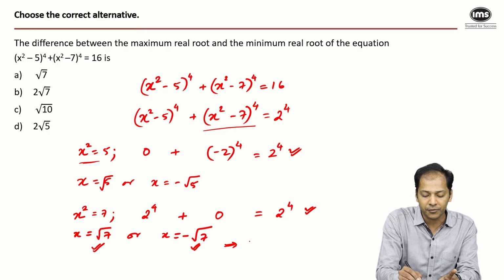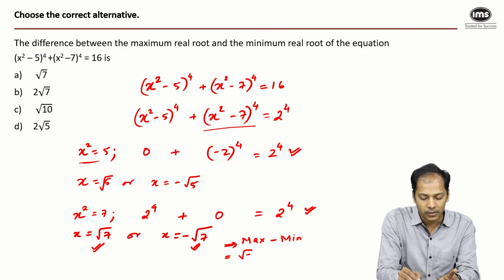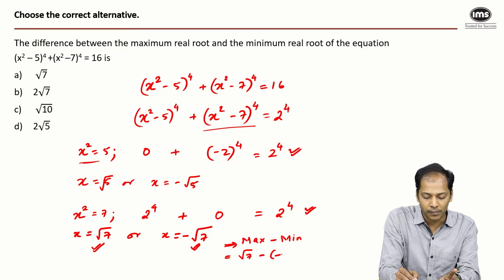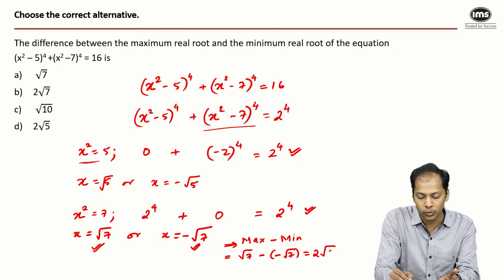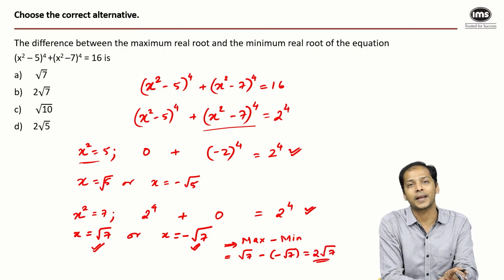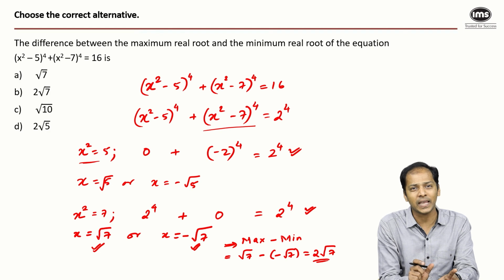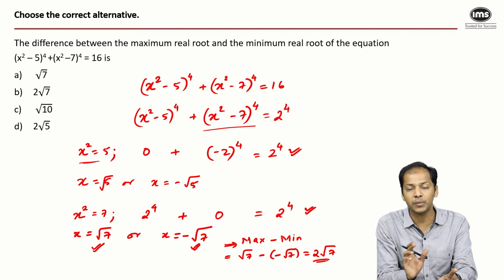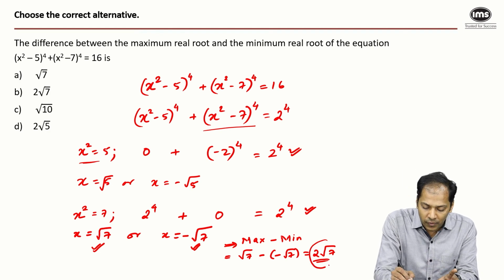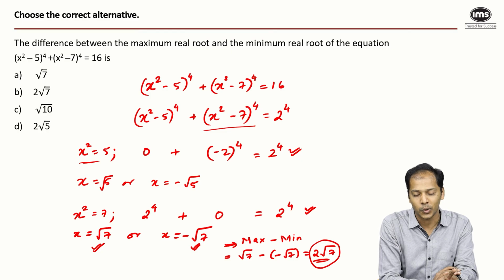Therefore, the difference, that is the maximum value minus the minimum value, will be √7 minus (-√7), that is nothing but 2√7, right? So the difference between the maximum real root and the minimum real root is 2√7.